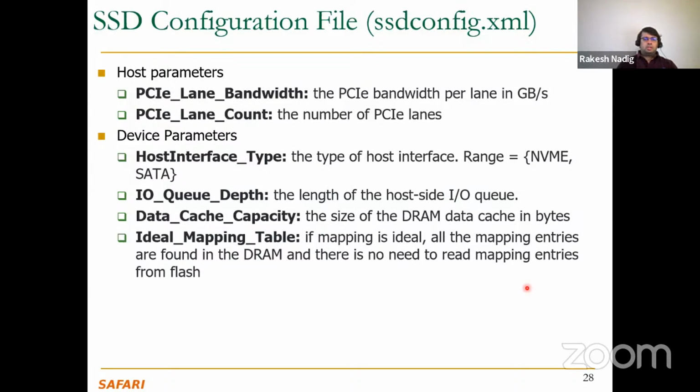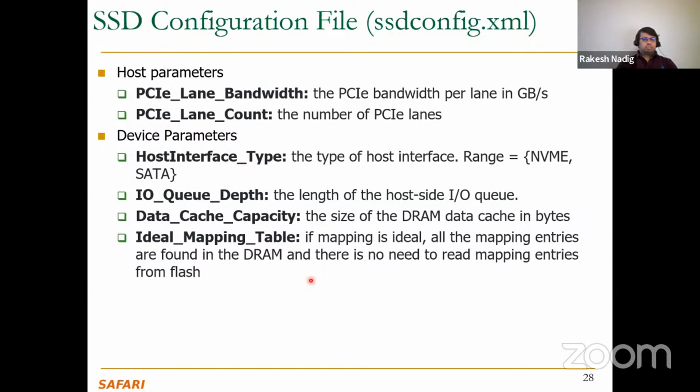But if we want all the entries to be cached in the DRAM, then we set the ideal mapping table to be true, which stores all the entries in the DRAM. This is not the case in a real SSD, but we can do this for checking the ideal performance. Otherwise, the SSD only stores a part of the entries in the DRAM, which is defined by the cached mapping table size.